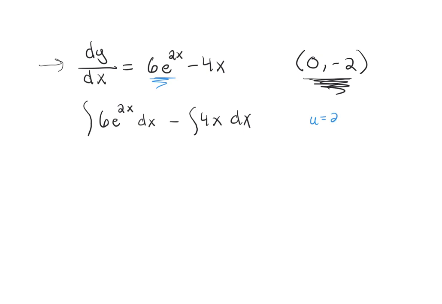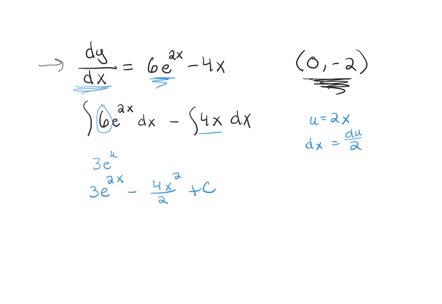So if u equals 2x, dx equals du over 2, so 6 divided by 2 would be 3, and then 3e^u is just 3e^u, and then we would plug that 2x back in. So the first term is 3e^(2x), and then minus the antiderivative here, 4x squared over 2, plus c.